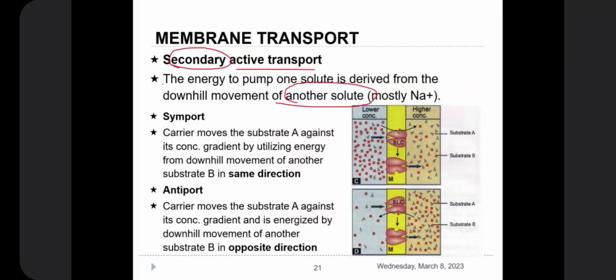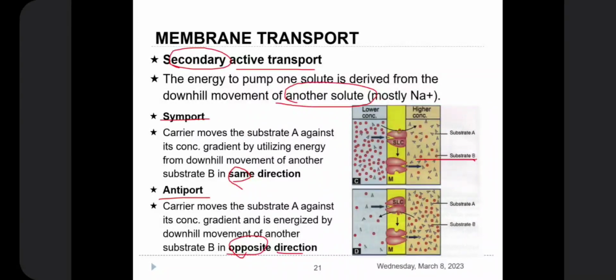According to the direction of these two solutes, secondary active transport has two types: symport and antiport. Symport means the two substances move in the same direction, and antiport means they move in opposite directions. You can see these two figures to help you understand.